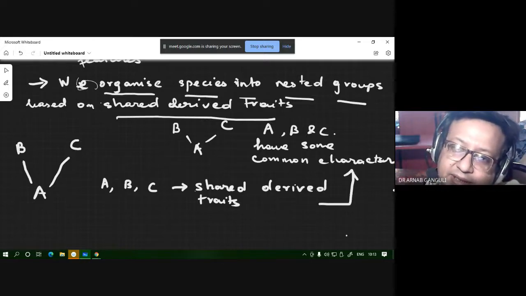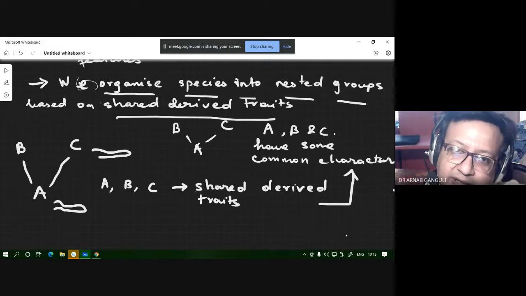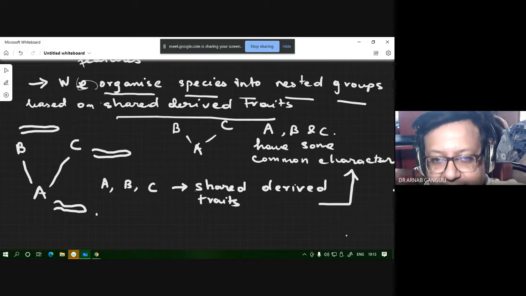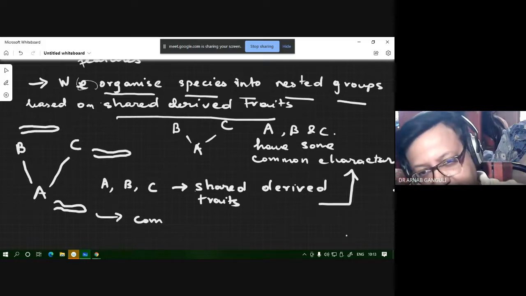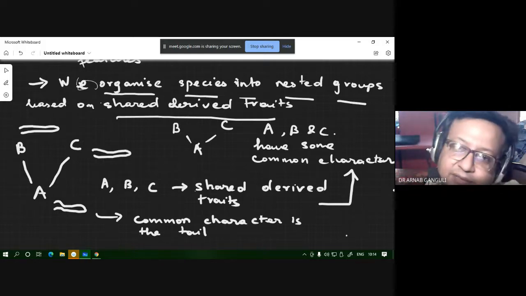এটা বুঝতে পারলে? ধরো A has got a tail, C also has got a tail, and B also has got a tail. So the common character is the tail. ওটা হচ্ছে shared derived character.